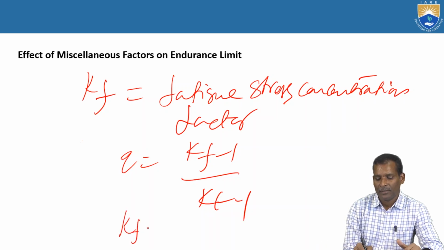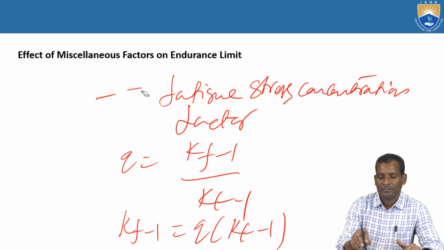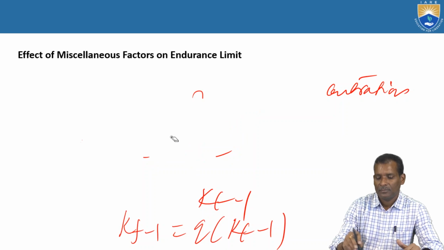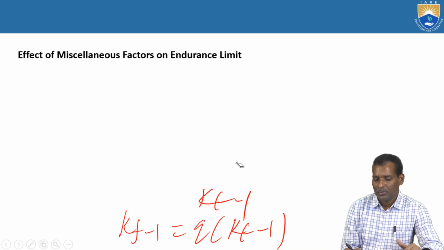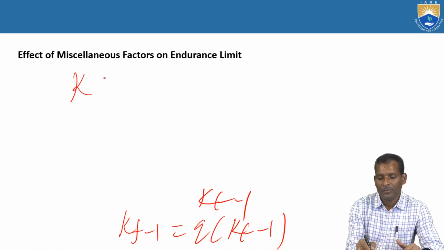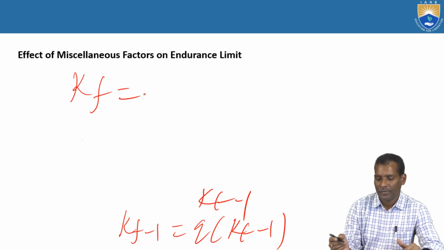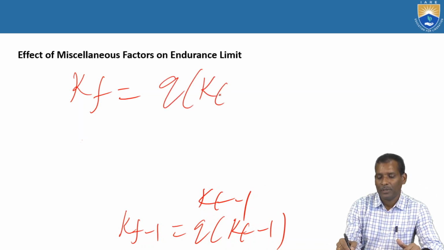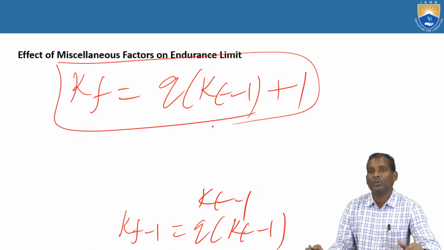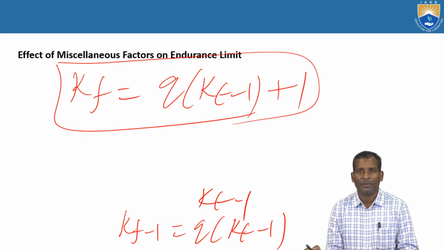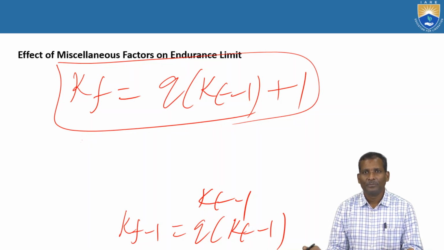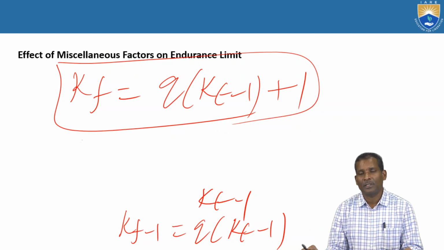So you may write Kf minus 1 is equal to Q into Kt minus 1. So the fatigue stress concentration factor Kf is Q multiplied with Kt minus 1, where Kt is the theoretical stress concentration factor, plus 1. If you know the value of notch sensitivity and the theoretical stress concentration, you can calculate Kf. Otherwise, you may assume the value 1. So this is also another miscellaneous factor.